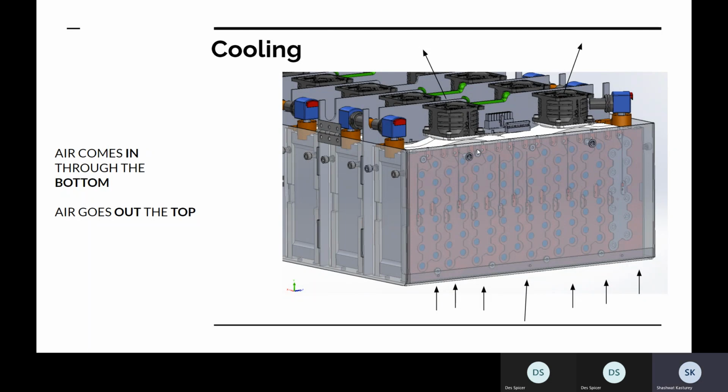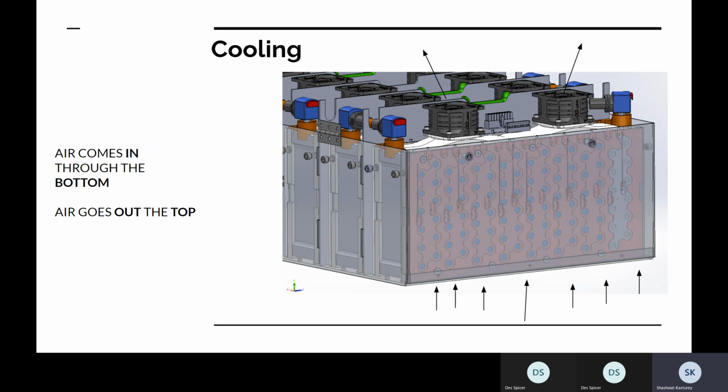Yes, I made this slide because I got frustrated at people asking which way the cooling goes. It sucks up from the bottom and blows out the top. I've since thought that it doesn't really matter which way it does that. I haven't simulated the reverse scenario in which these fans are pushing air into the modules, but I reckon it's enough cooling.